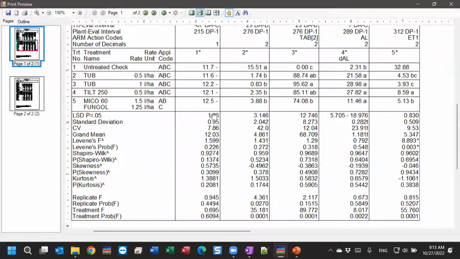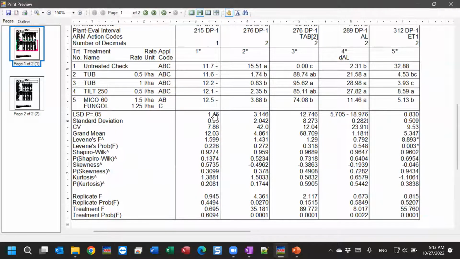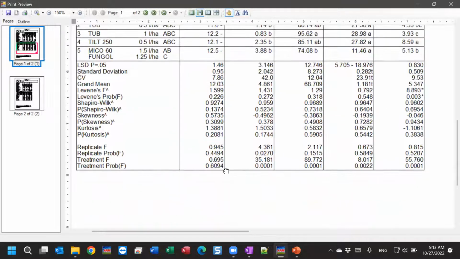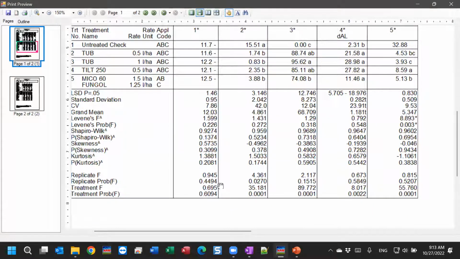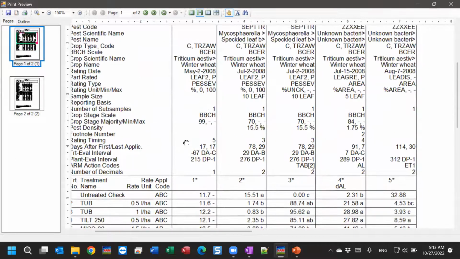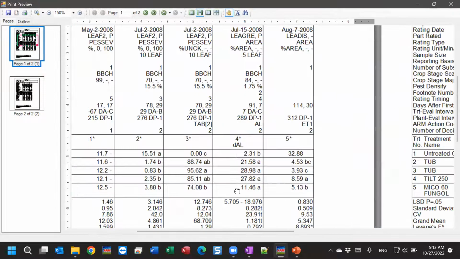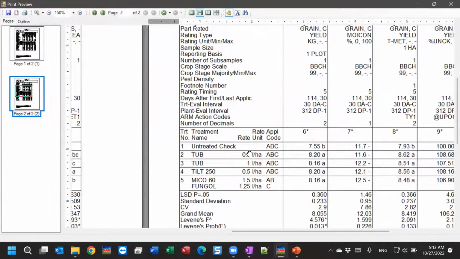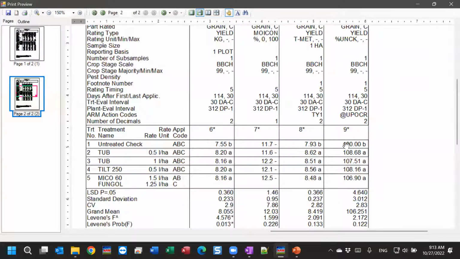And down below, we have a variety of statistics, some of which you would recognize from last session when we were doing the data review. And then we have replicate and treatment p-values, just like we were talking about in the AOV table. Kind of a short summary there. So that continues onto a second page, however many pages we would need.